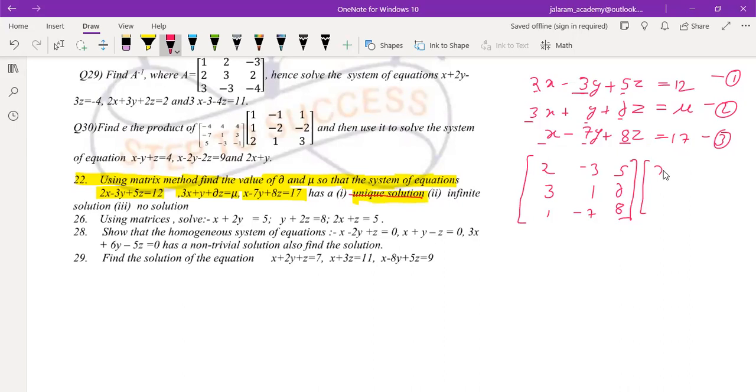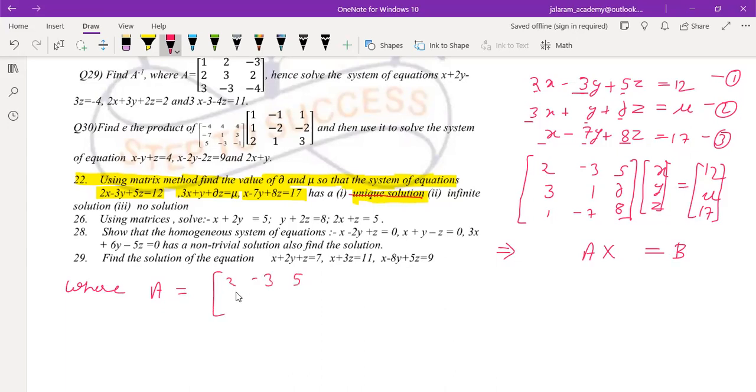In second column matrix, we write x, y, z. So their product is equal to these constants. First constant is 12, second is mu, and third is 17. And compare it with AX equals to B, where this matrix A equals to 2, minus 3, 5, 3, 1, delta, 1, minus 7, 8.